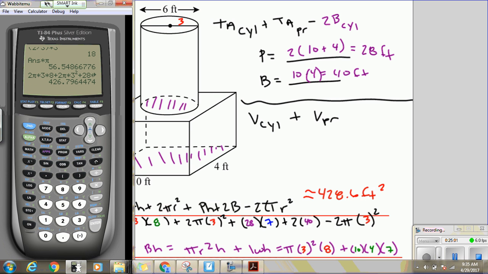Pi times 3 squared times 8 plus 10 times 4 times 7.